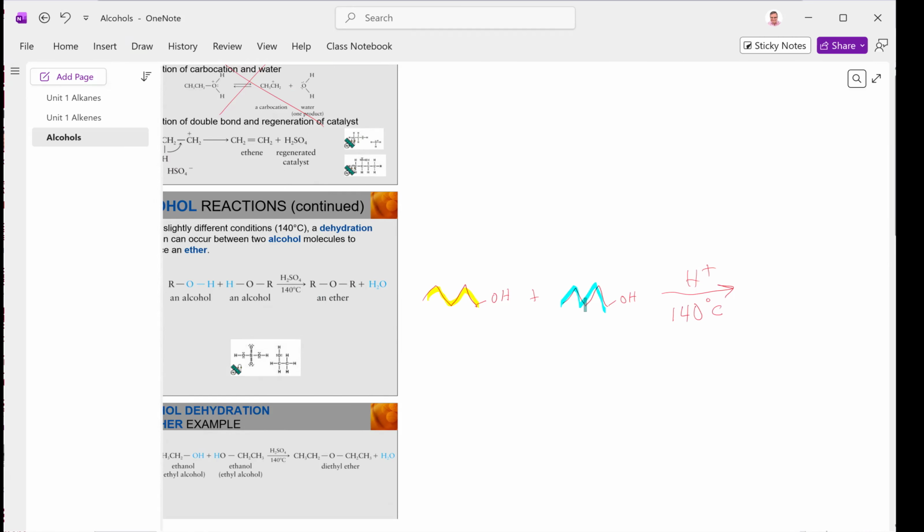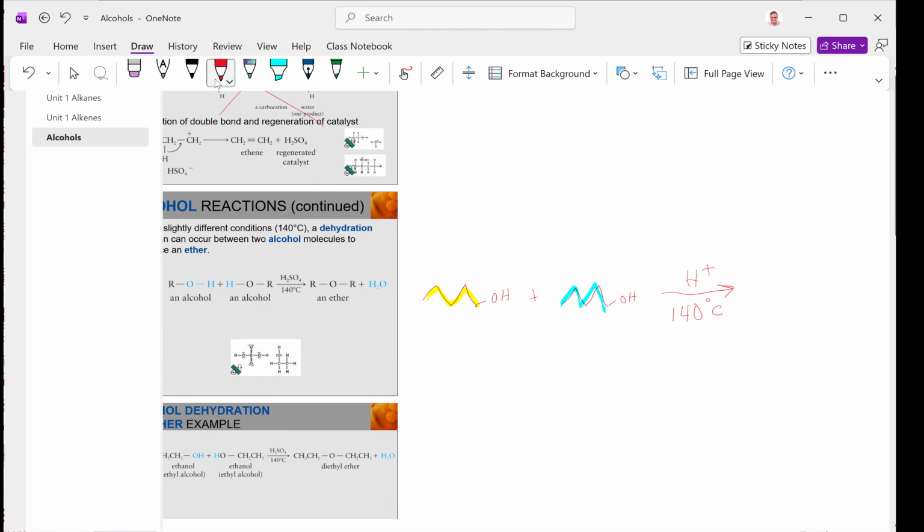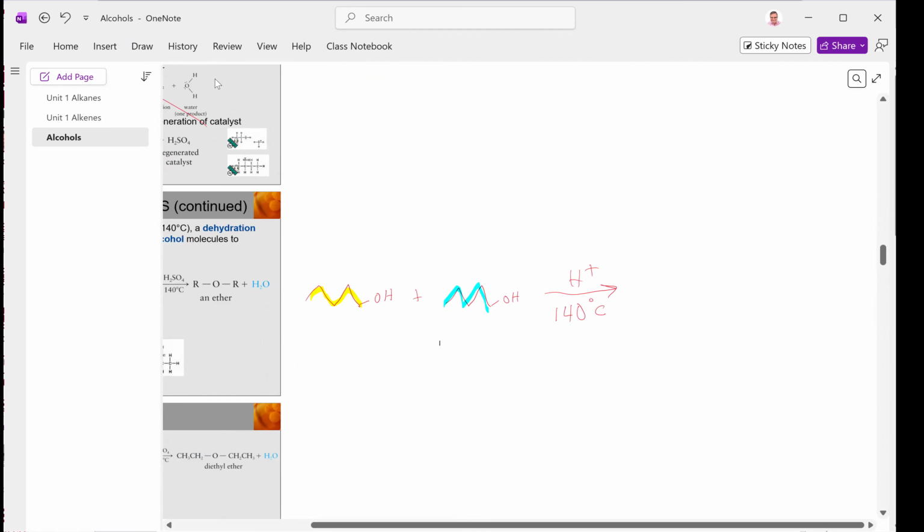They can be the same or different, doesn't matter. So they're going to be stuck together by the OH groups.